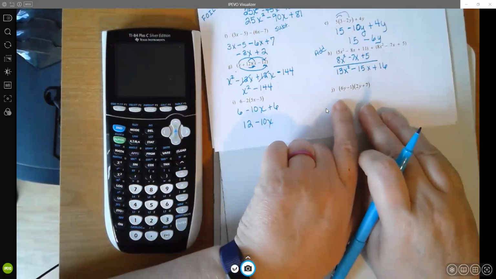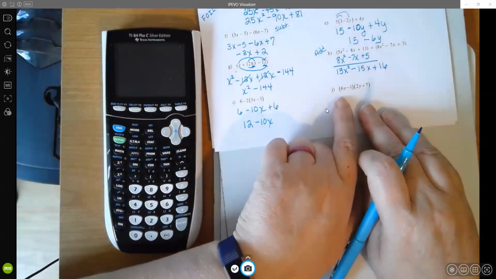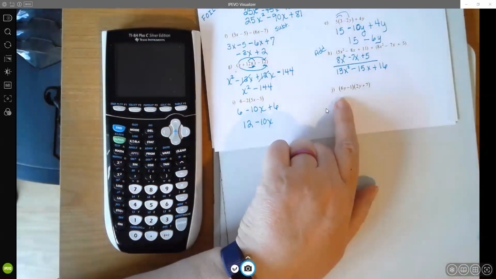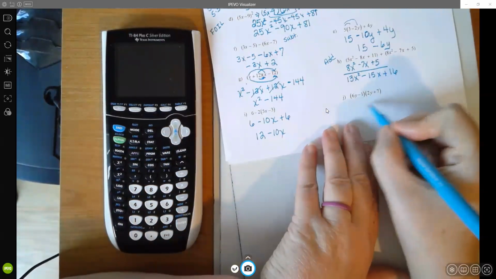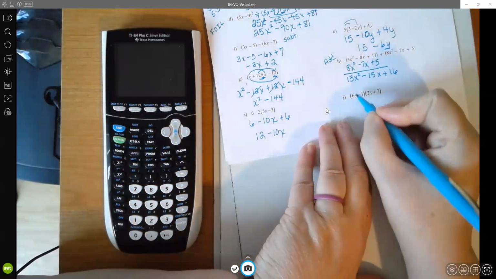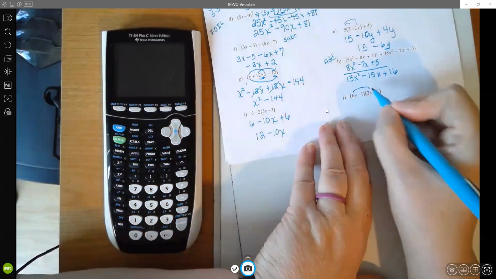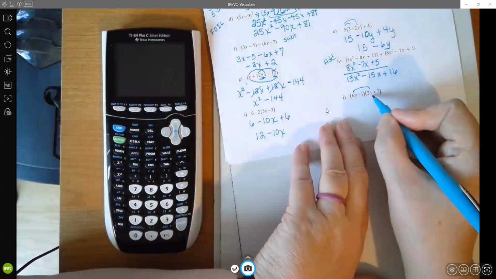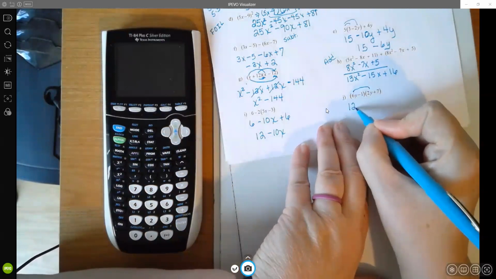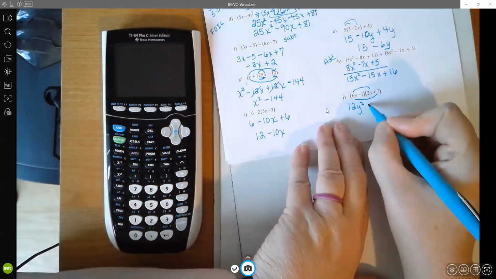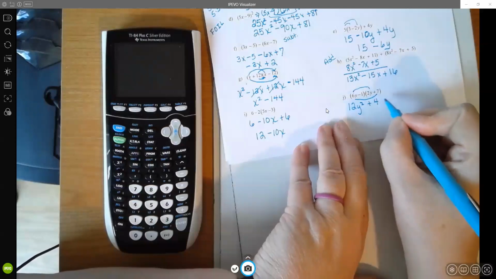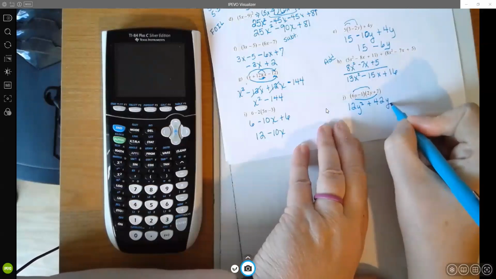In letter J, we have 6y minus 1 and 2y plus 7. And so we're going to multiply those. And so that would be 6y multiplied by both, 6y times 2y to give you 12y squared. 6y times 7 gives you plus 42y.